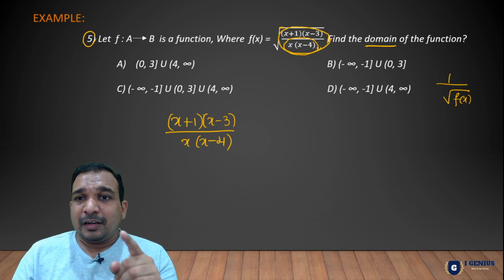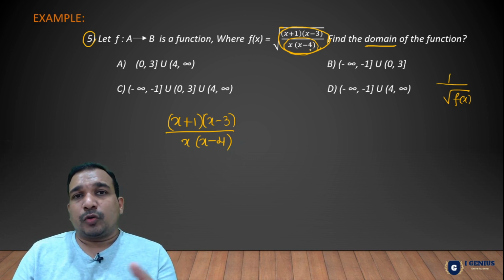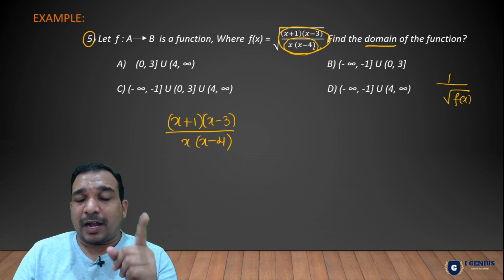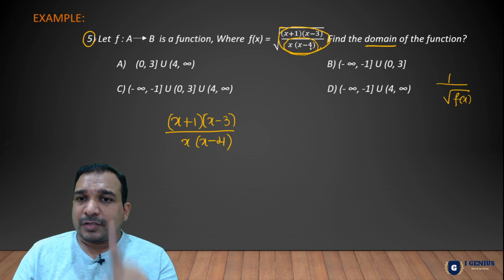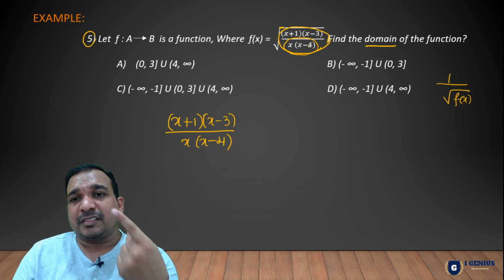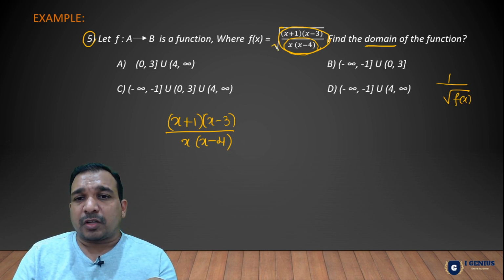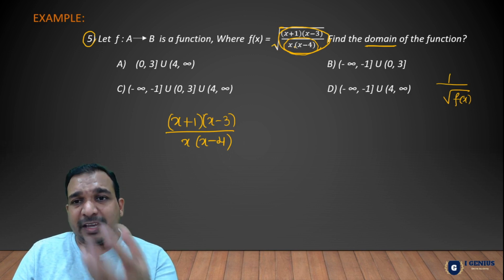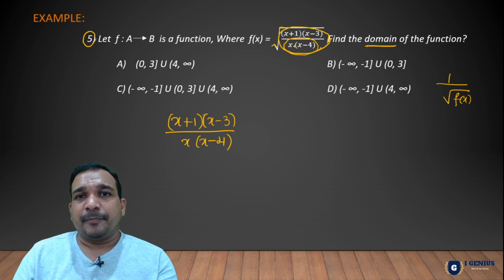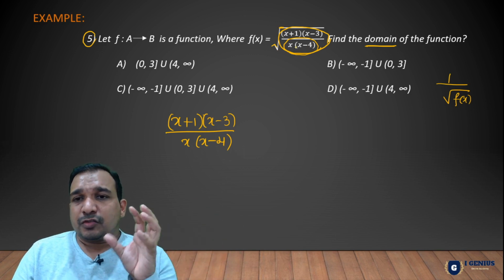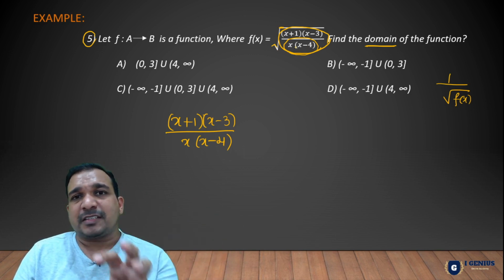But here the numerator and denominator, the total function, is inside a single square root. So we should not consider the denominator and numerator separately. The total function is inside the square root. Maybe that function has divisions, multiplications, powers, it doesn't matter for us. The entire function is inside the square root.